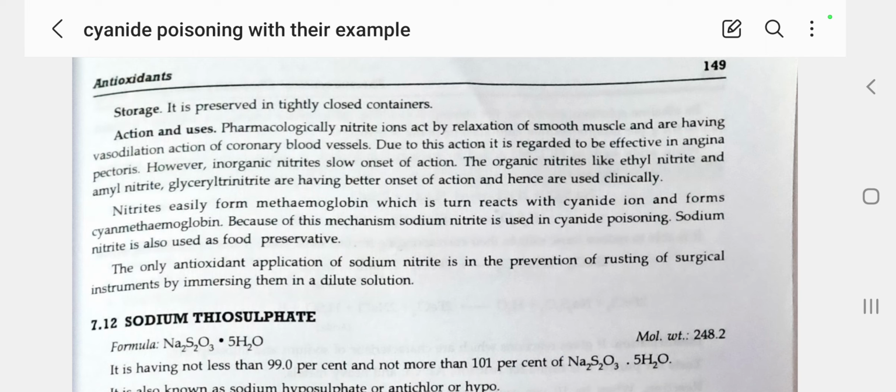However, inorganic nitrites have a slow onset of action. That means it takes time for the action to start.